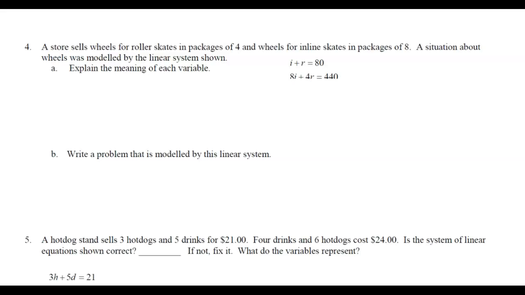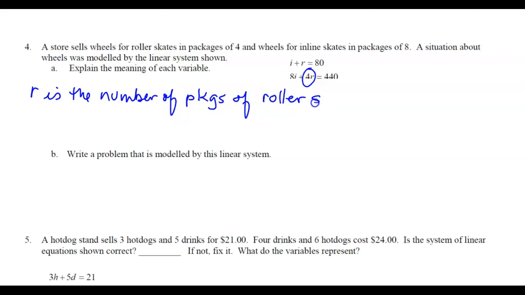Well, we're told in the first sentence that packages for roller skates, the wheels come in packages of 4. And notice how it's 4R here, right? So that means R must be the number of packages of roller skate wheels.